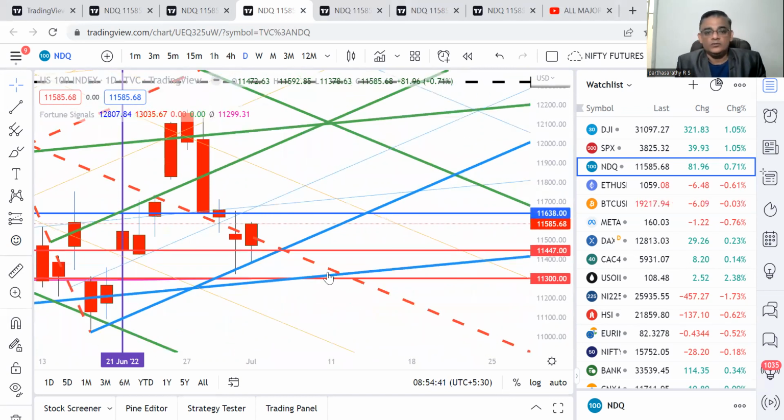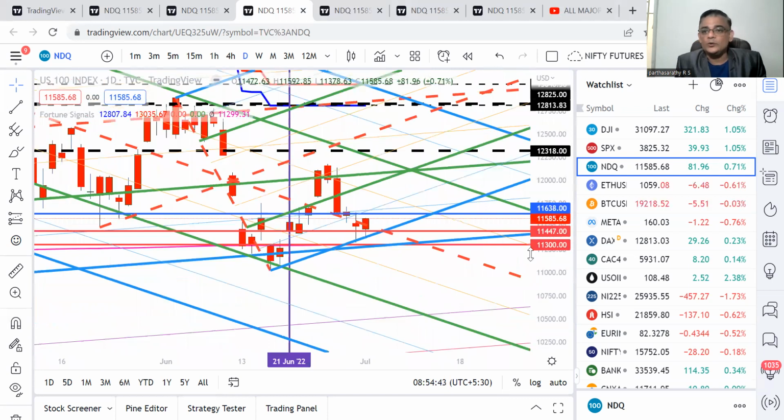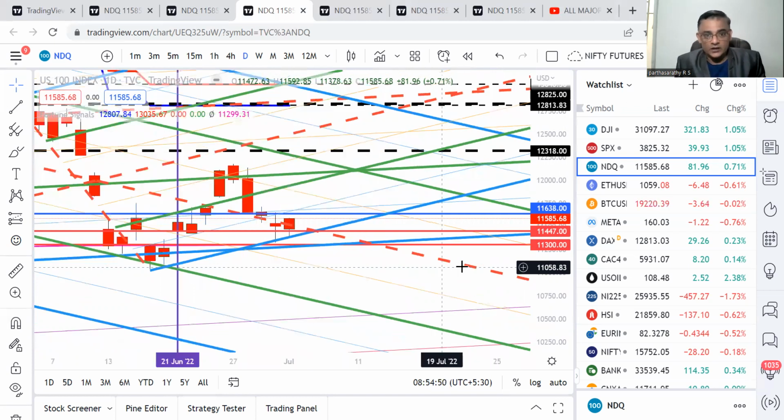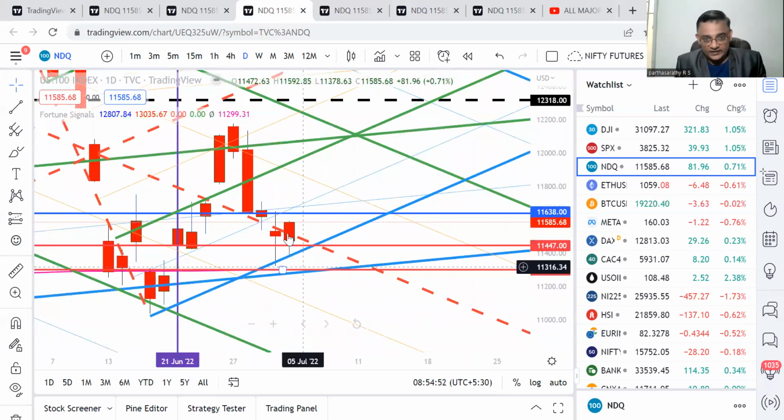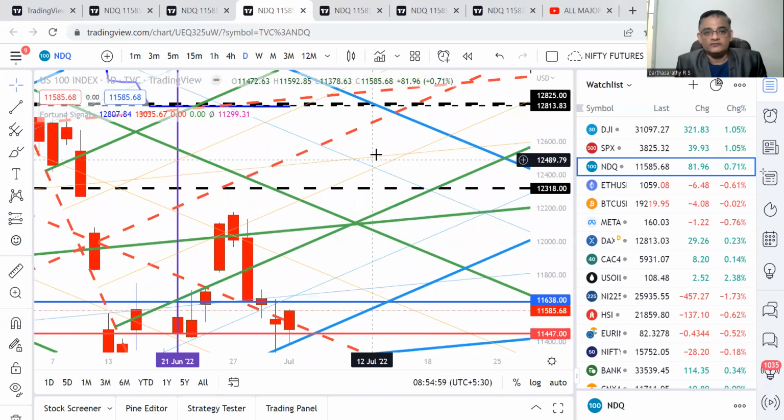So as of now, it is holding the 21st June low and the pitchfork bottom, which is the blue color line. In case it takes support and holds the low, where will it go? The first possibility is it will try to intersect somewhere around these three lines, more or less the 12,123 level.